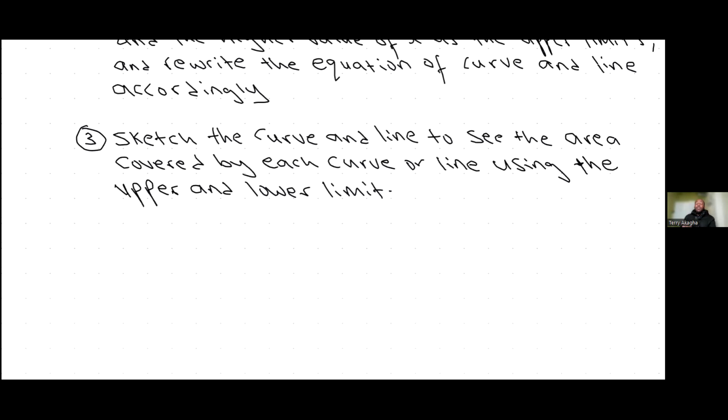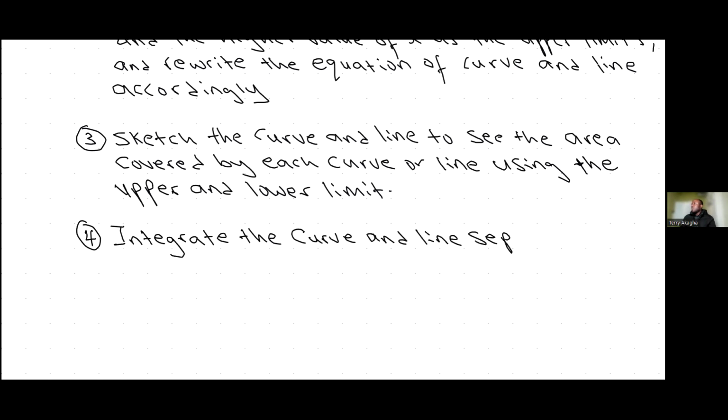Then when you're done with that, number four, you then integrate the curve and line separately, using the upper and lower limits to get the corresponding area value.